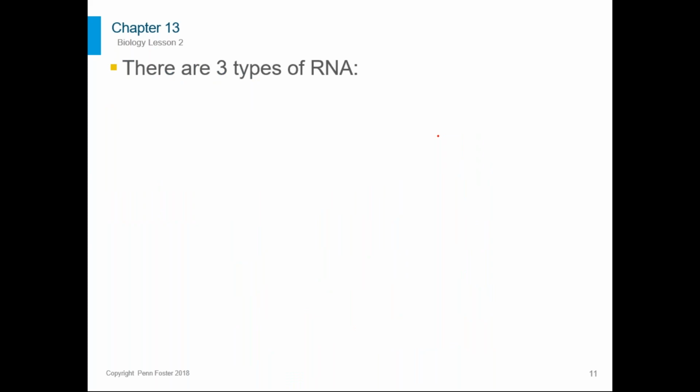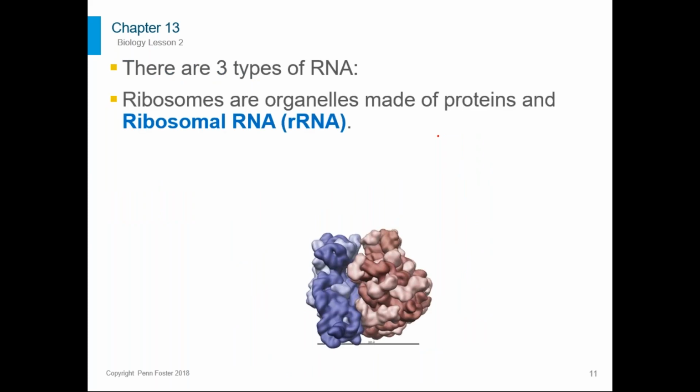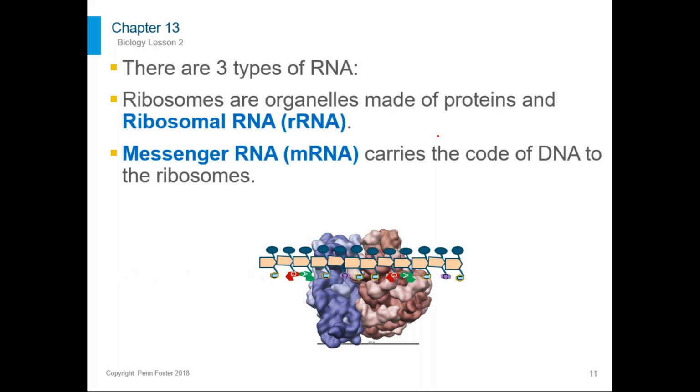Now, RNA has a lot of jobs. There are three different types of RNA. Ribosomes are organelles that are made up of proteins and ribosomal RNA. They're always shown having two units stuck together, and each of those units is both protein and RNA. Then we have messenger RNA, which comes in carrying the code from the DNA to the ribosomes.